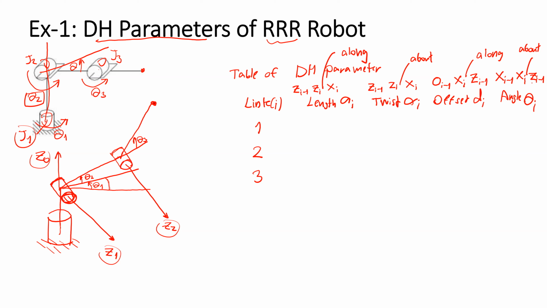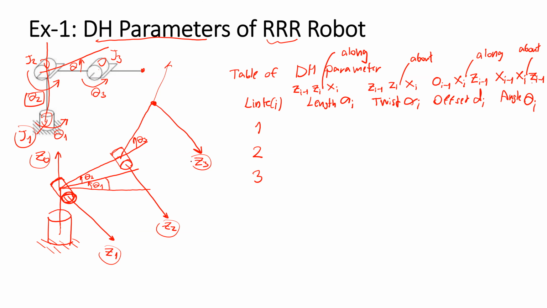And for the end effector, you can decide the direction of the z: parallel to this, or pointing in the same line with the link, or normal to the gripper. It depends on you. But in this case, to make it easy, I decide to put the z-axis of the end effector to point in this direction.